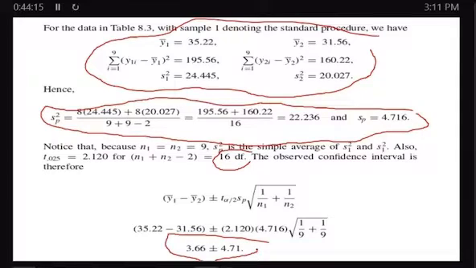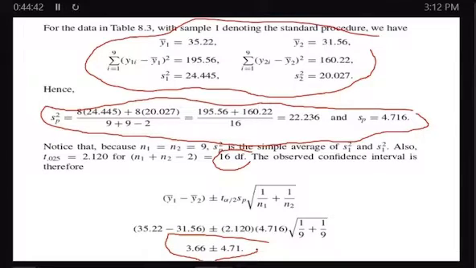Now, if I really want to know whether this is significant or not, if I do 3.66 minus 4.71, that would be negative. So the lower bound is going to be negative and the upper bound positive, and that means there's going to be zero in the interval. When you have zero in the interval, of course, you're always going to have zero between negative and positive.